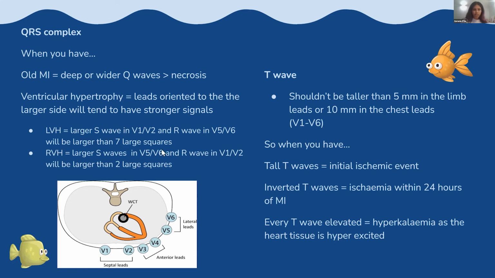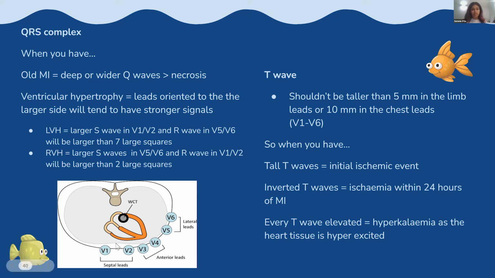So just to get you oriented, let's think about left ventricular hypertrophy versus right ventricular hypertrophy, and see where the leads are present. You have V1 and V2 and V5 and V6 involved in this, and they're very distinctly on 2 different sides. V5, V6 is on this side, and V1, V2 is on this side.